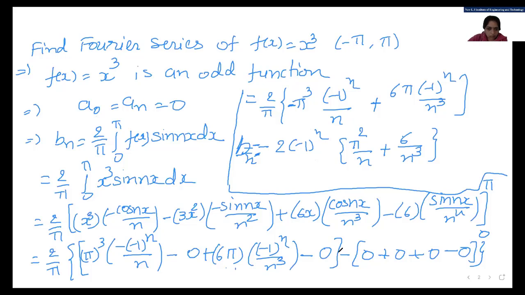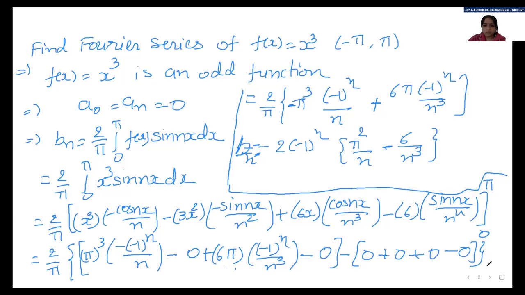Okay, students, see, this term is minus, this one is plus, right? So if I get minus, the last term will be minus. Here I keep this minus common. Then this will be minus. If you don't want to take the common term, then it is okay, right?